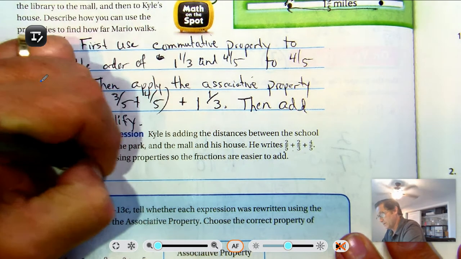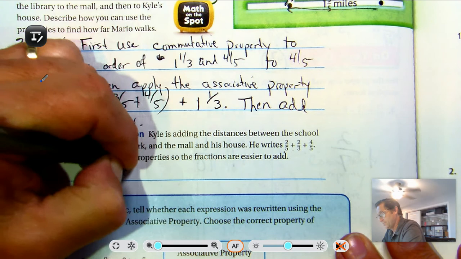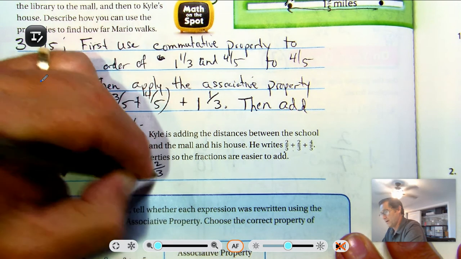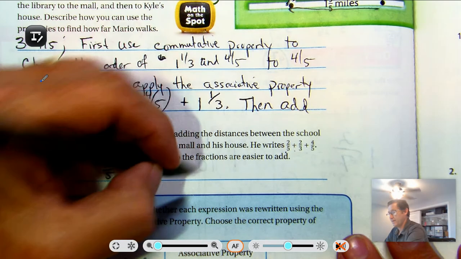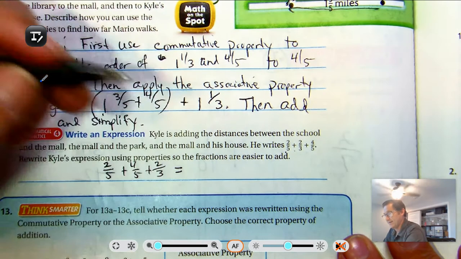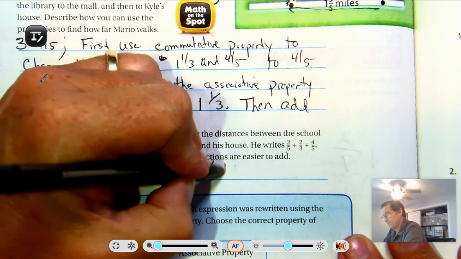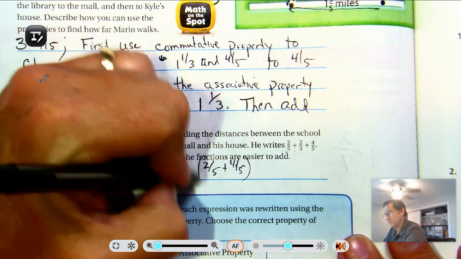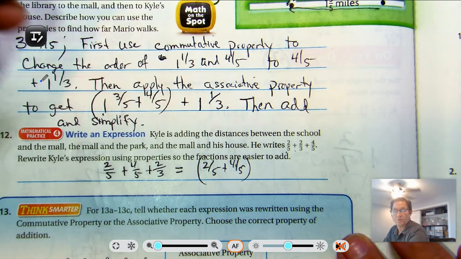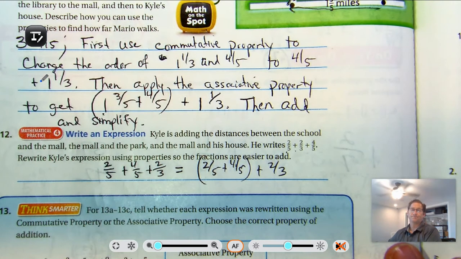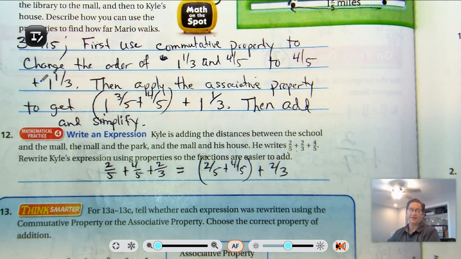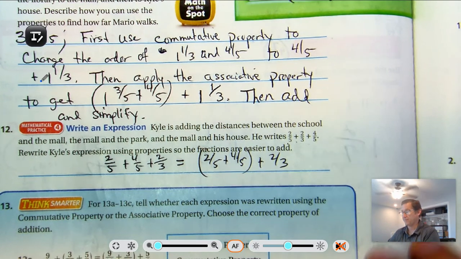So let's change the order of the 2/3 and the 4/5. And then we're going to rewrite that so that 2/5 and 4/5 are grouped plus 2/3. Okay, it didn't say anything about adding them, so we'll just leave it there.